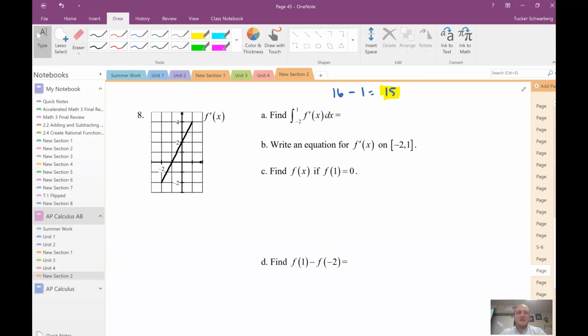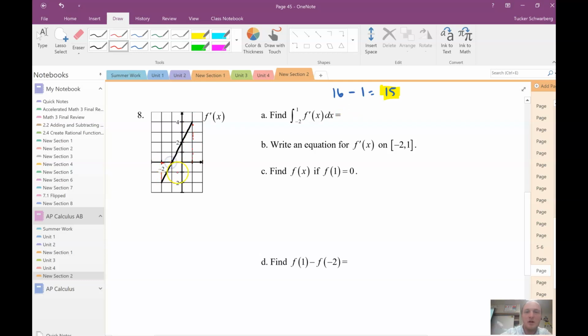In example 8, they're going to ask us the same type of things. They want you to find the area from -2 to 1 of f prime dx.